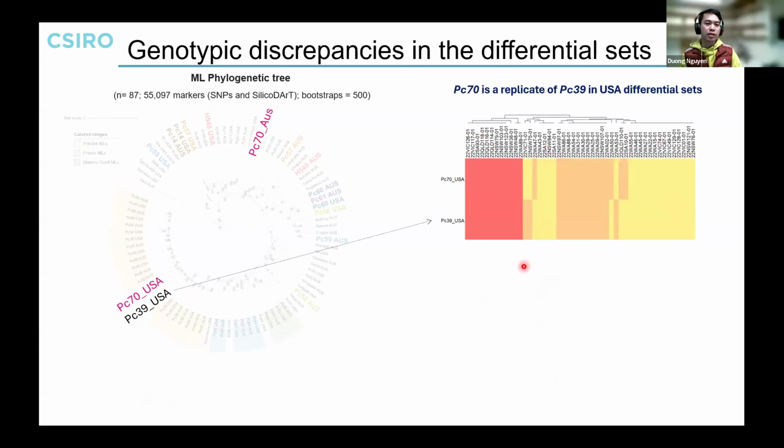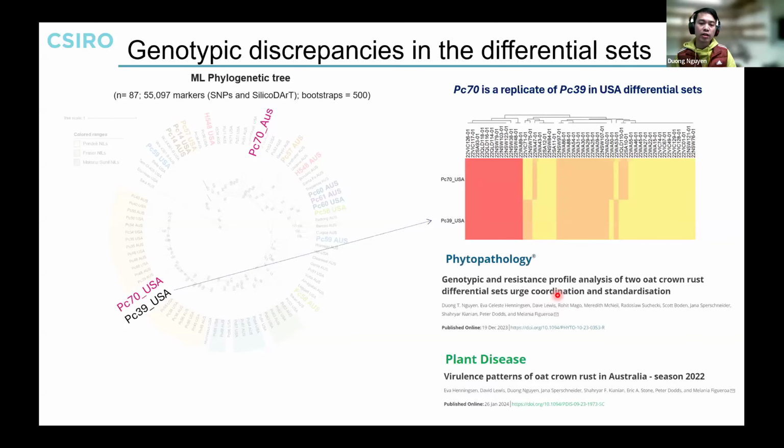This could be due to a seed mix-up, either during seed amplification or during seed transportation. All of the findings I have just shown you have been published in a paper online, so if you want to look at the results in more detail, please go online and look at this paper.